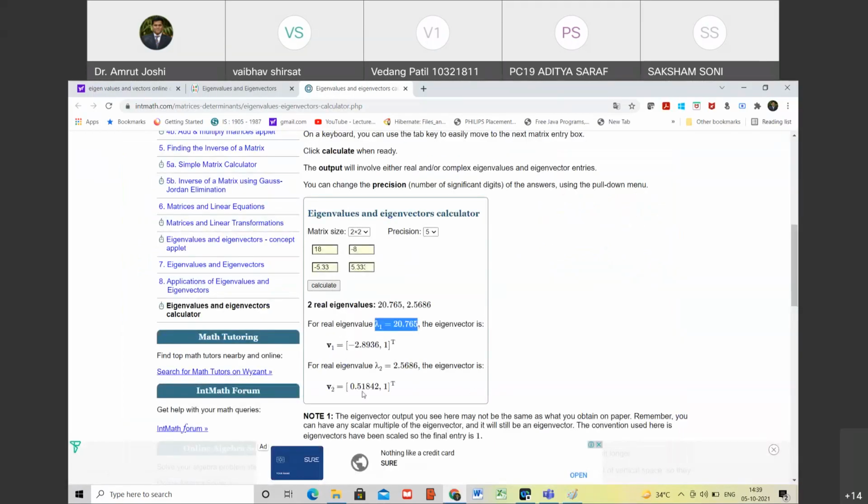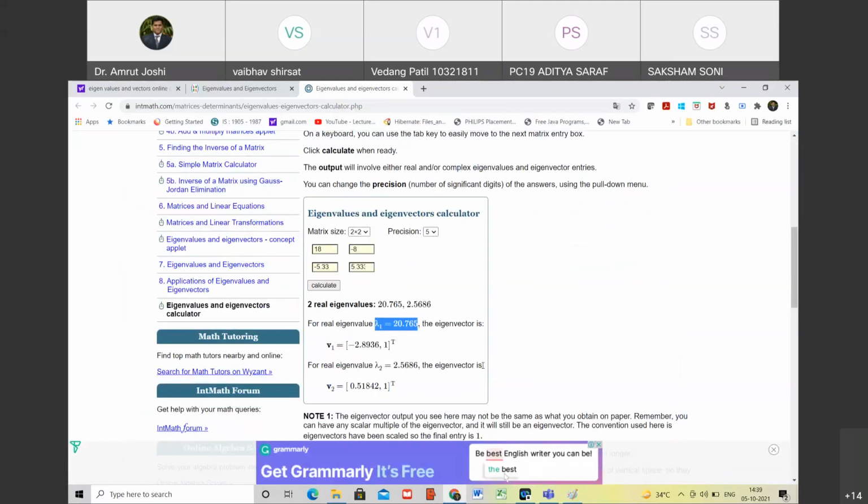Now tell me, what should I write as the first column? Look at these values and tell me.